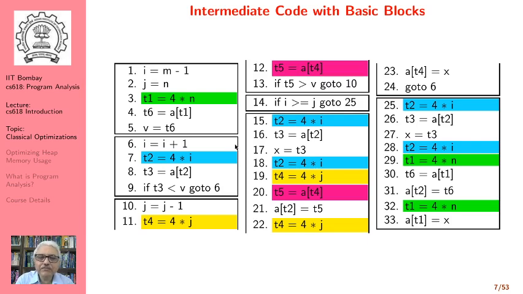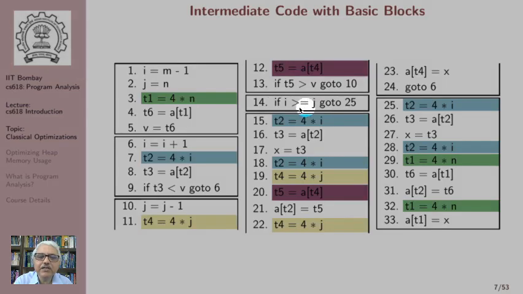At this stage, we are not interested in asking the question, how have we obtained this basic block? That's a matter of detail which we can worry about later. But once we have these basic blocks, then we can identify control transfers within basic blocks. For example, we have this statement, if i greater than equal to j go to 25, it means that from this basic block there is a control transfer to this particular basic block whose statement number is 25.